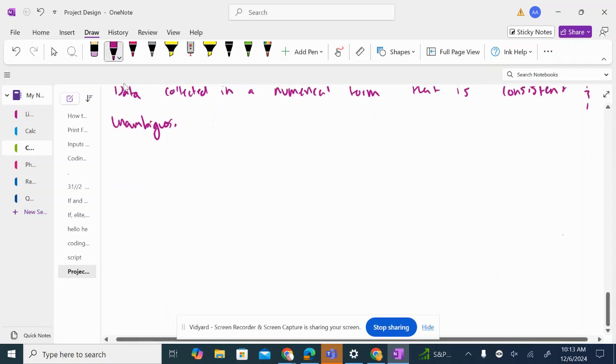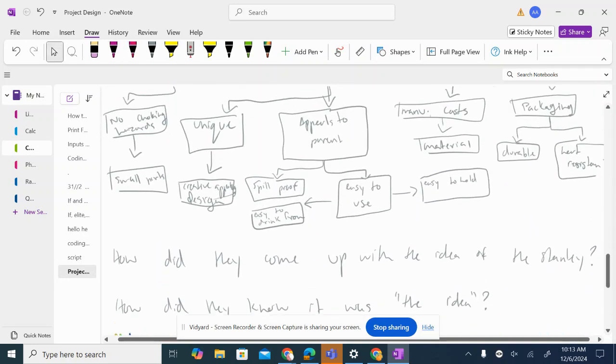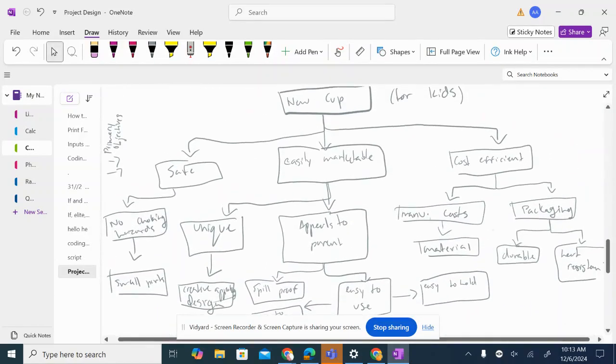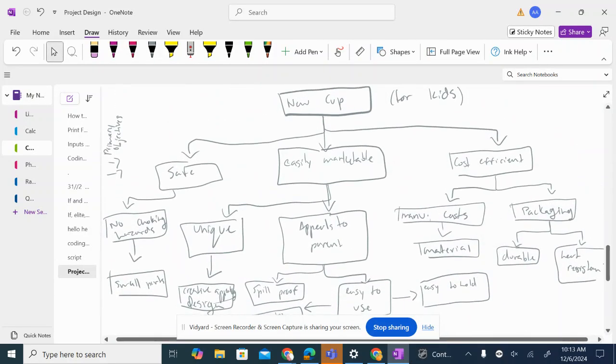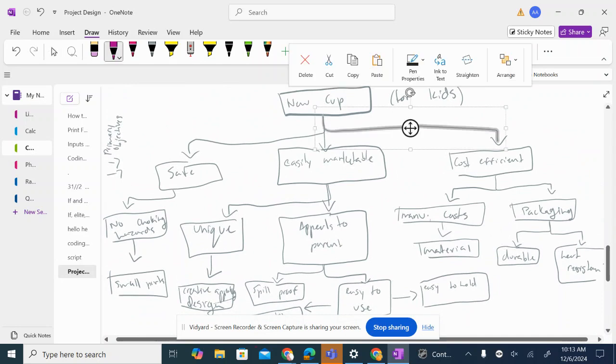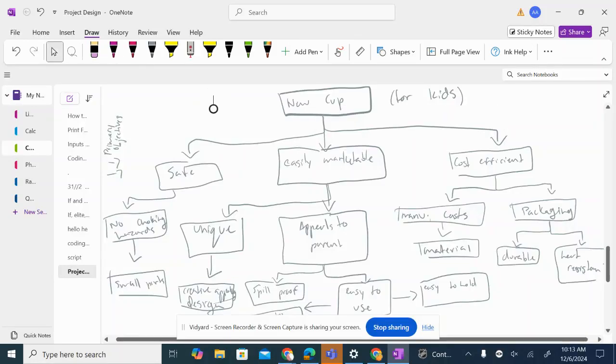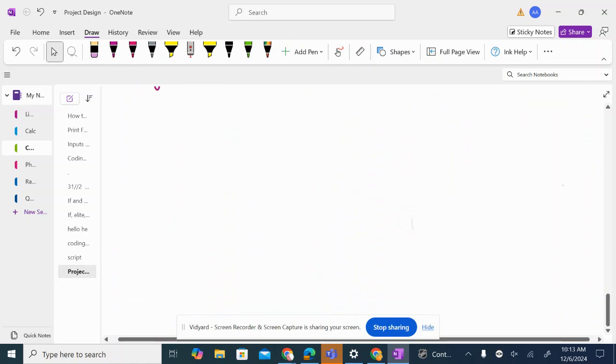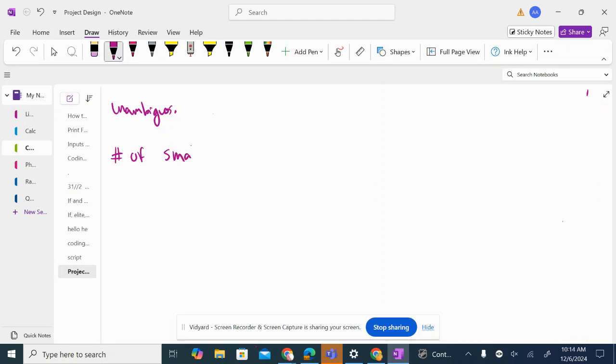So for example, we take a look at our objective tree over here, specifically these last little bits. Can we classify these last little objectives in a numerical way? For example, small parts. Yes, we can. We can say number of small parts.